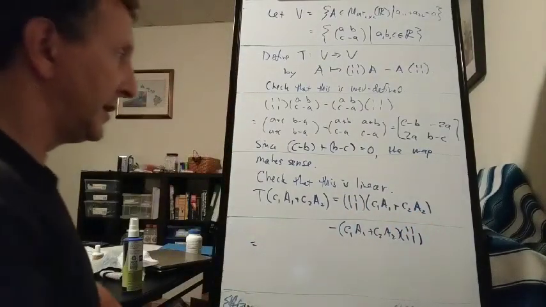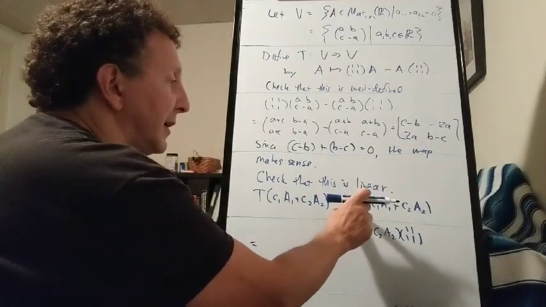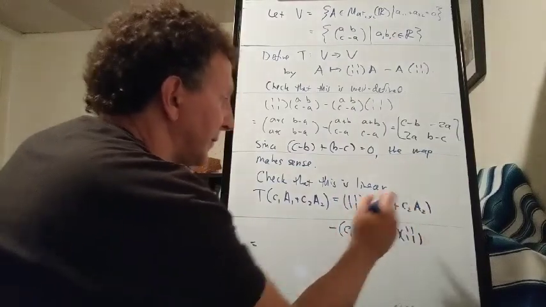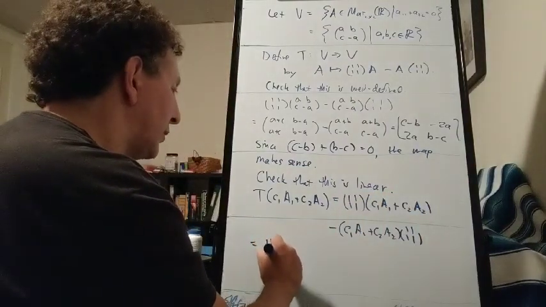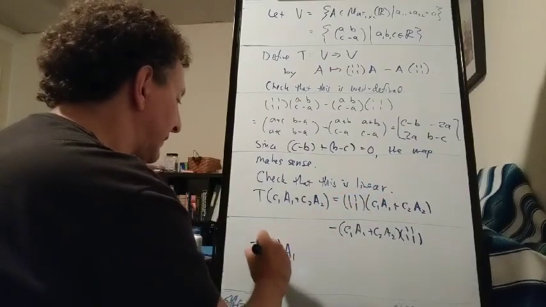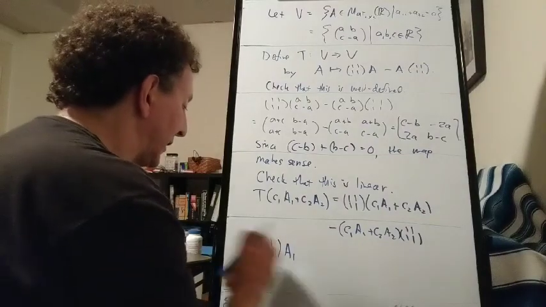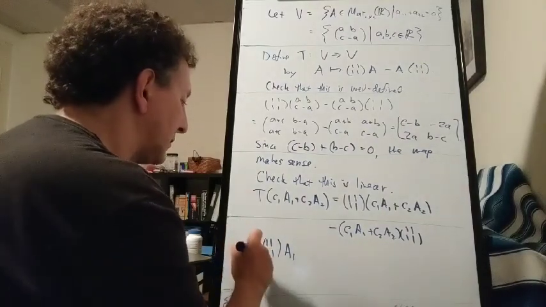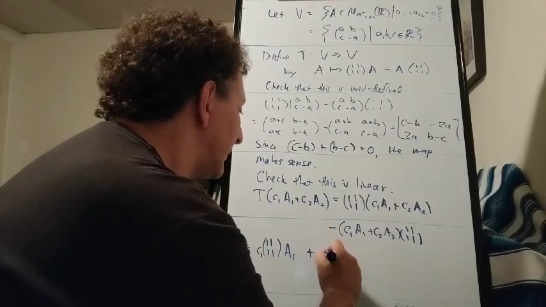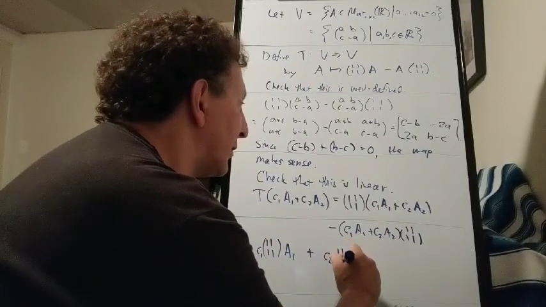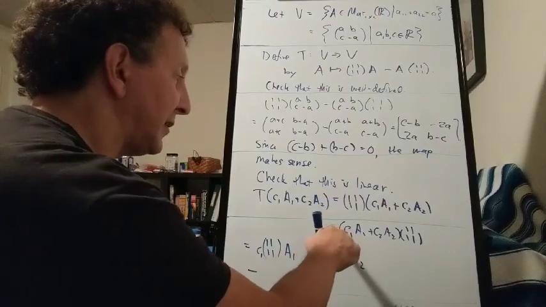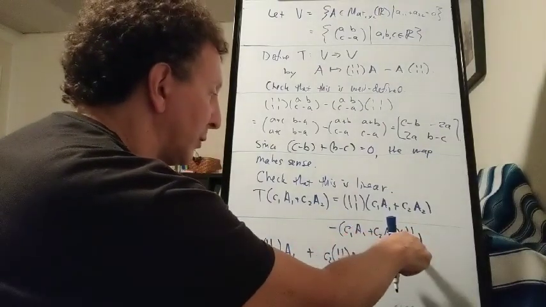Which is, now we can use the distributive law and say this is the ones matrix times this part plus the ones matrix times that part. So this is 1, 1, 1, 1, C1, A1. Actually, I'll take this C1 out because it's a scalar and we can do that. And then we have plus C2, 1, 1, 1, 1, A2, minus down here C1, A1, 1, 1, 1, 1.